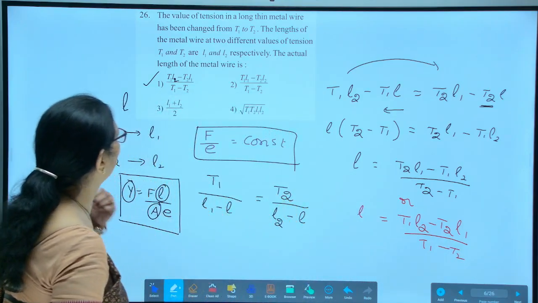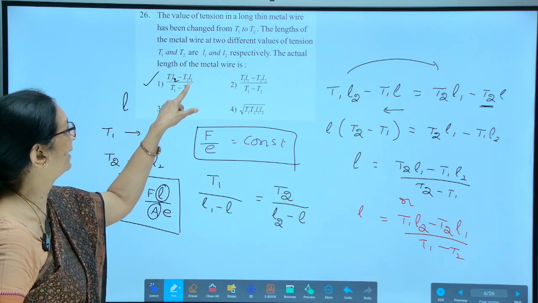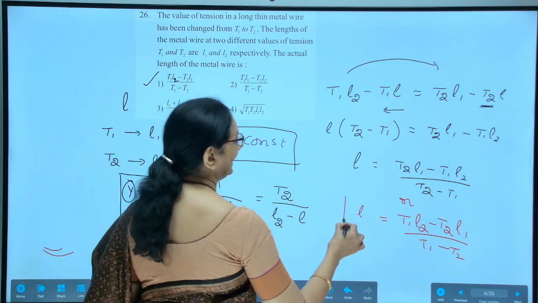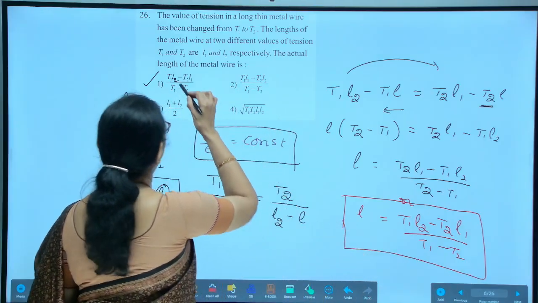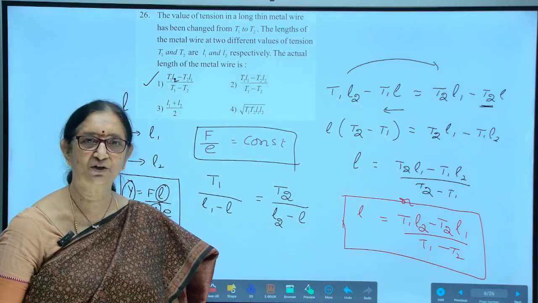So in which form is it given? T1 L2 minus T2 L1 by T1 minus T2. So the first option is the correct choice.